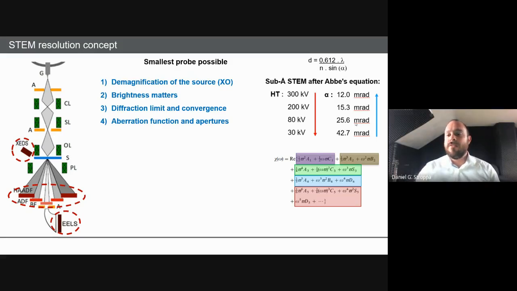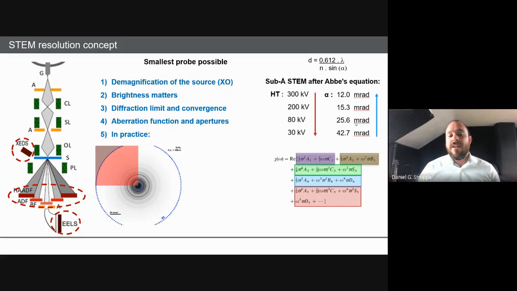But if you want to make a very small probe, you need convergence, and the convergence is going to be reflected in the probe size. You can make a smaller probe size, but then the diffraction pattern is not going to be point-like. So one reflection is not going to be a simple sharp peak or a sharp line as you see on the diffraction pattern, but it's going to be a spot.